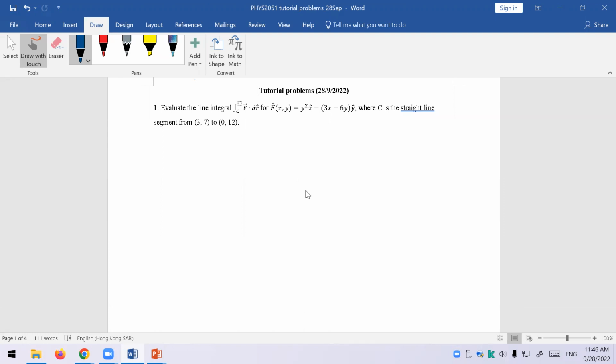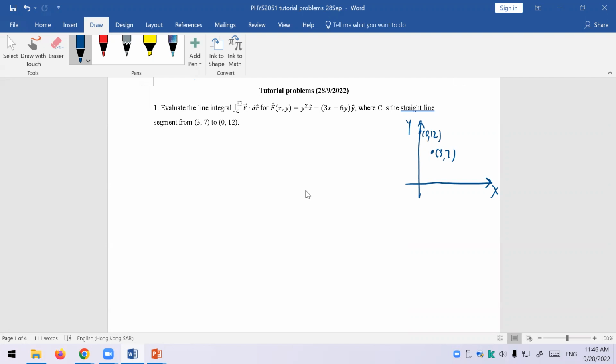Okay, for the first one, the line integral over a straight line, it would be helpful to first draw a picture. We start at the point 3, 7, and then we end at this point 0, 12.